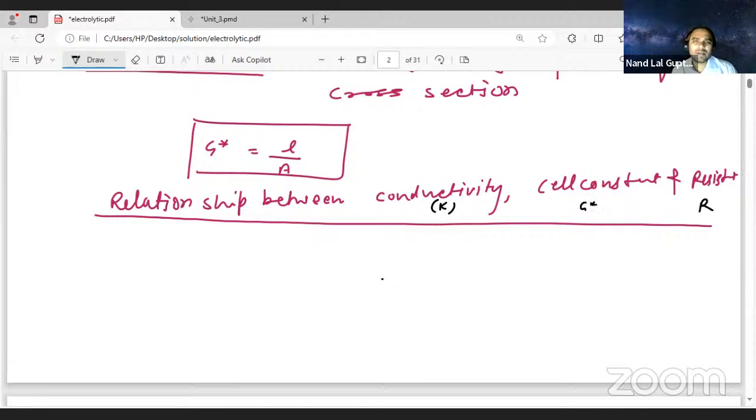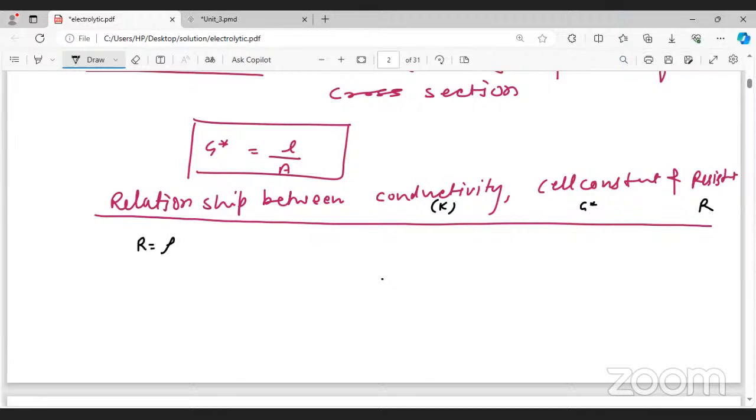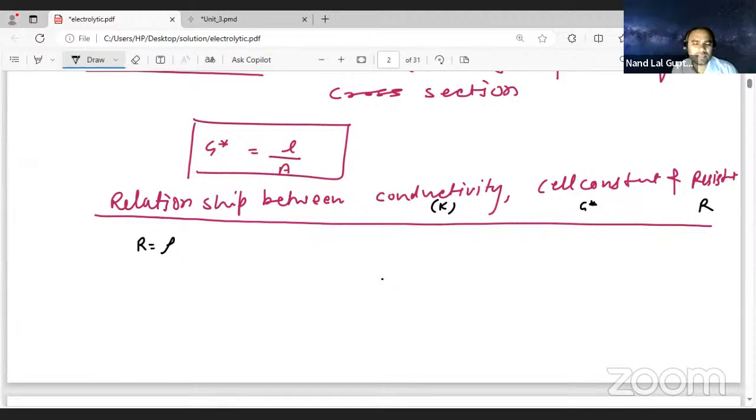So how can we derive this one? You see, this is the conductivity K, cell constant G star, resistance R. G star is the cell constant, isn't it, sir? Yes.